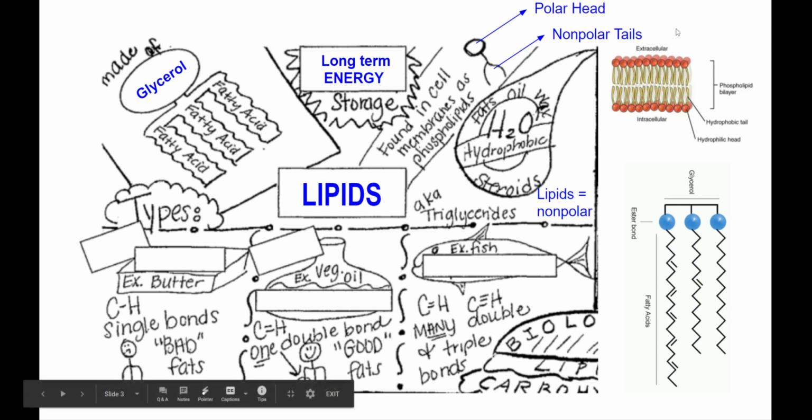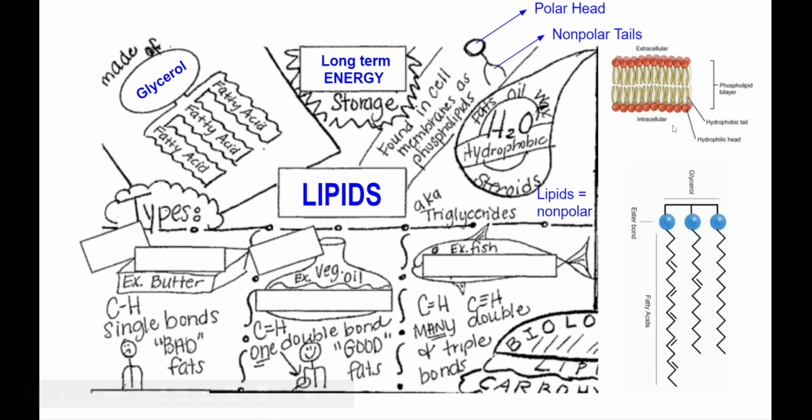So, if we can imagine this side is outside of the cell or extracellular, and this side is inside the cell or intracellular, you can see that these polar heads are going to be close to the water because they're polar like water, and so they are hydrophilic, whereas these non-polar lipid tails are going to stick together on the inside.